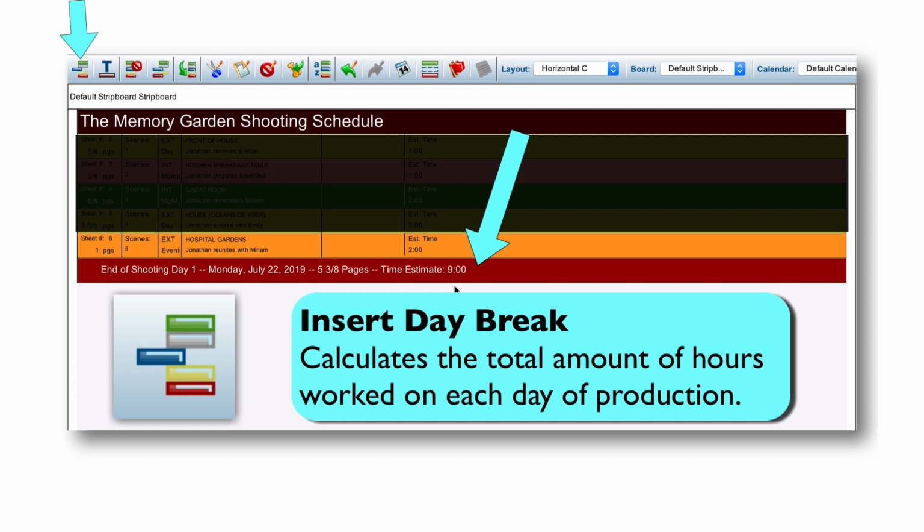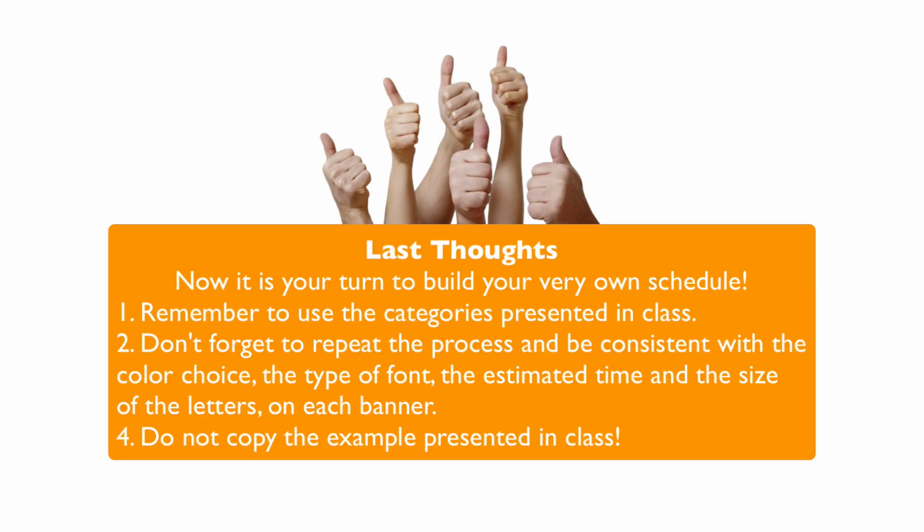So it is important that you add an estimated time in all of these categories, and finally add the end of shooting day bar, so you know how many hours and how long you're going to stay each day of production on the film set.